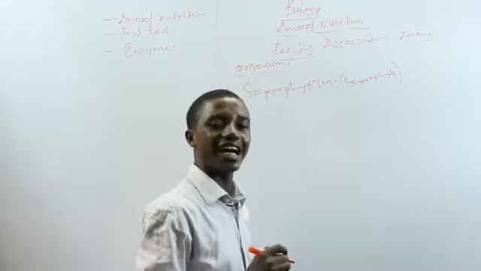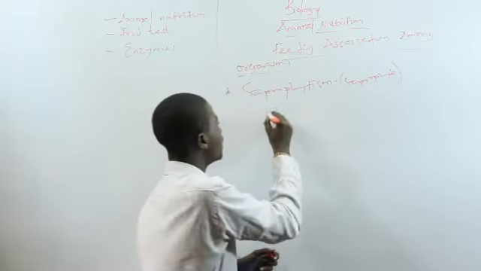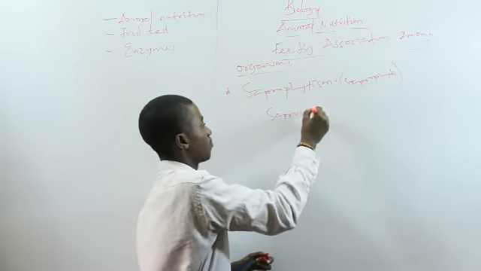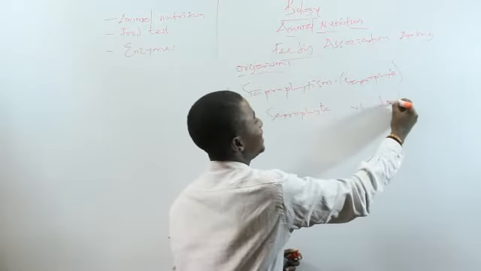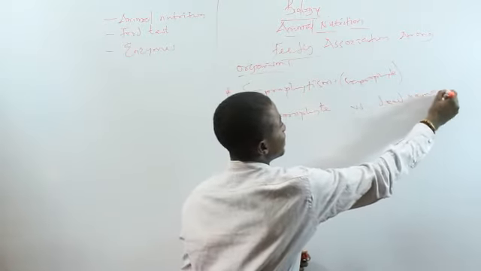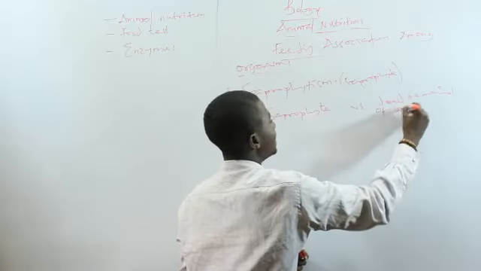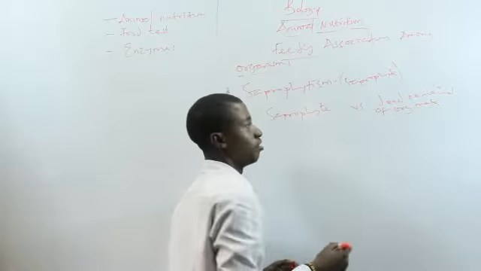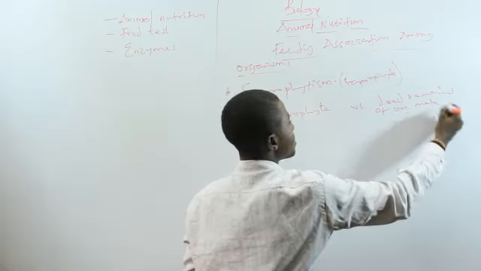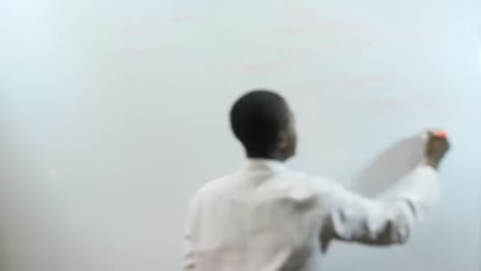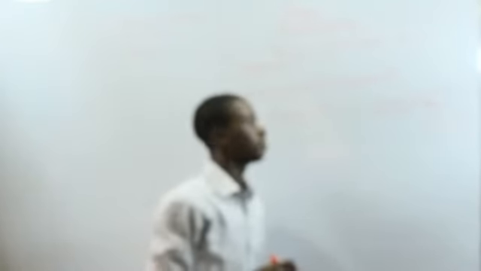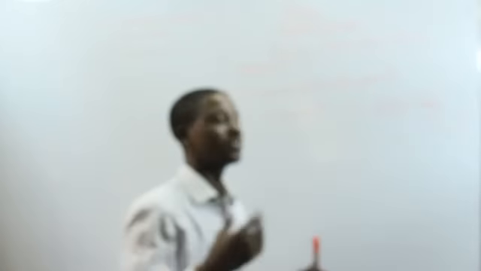Usually the organism that carries out this kind of feeding is called the saprophyte. So saprophytes are organisms that feed on dead remains of organic matter or dead remains of plants and animals.